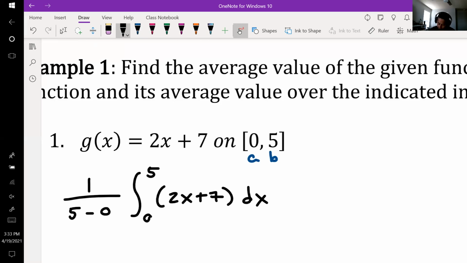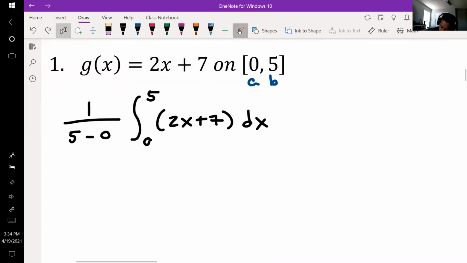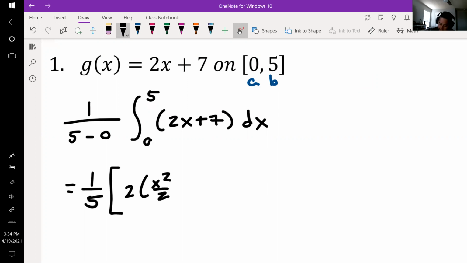Now all we have to do is clean up a bit, and we are ready for the antiderivative. So what we're going to do next is write 1 over 5 times, and here we go for the antiderivative. The antiderivative of 2x is going to be 2 times x squared over 2 plus the antiderivative of 7 is 7x.